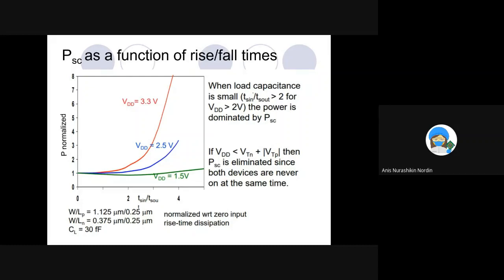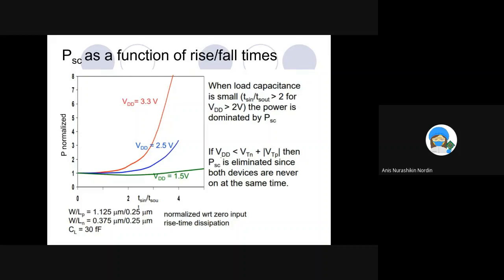Okay, so now we look here, when the load capacitance is small, the power is dominated by short circuit power. Okay, so the load capacitance is small when you have already done the matching, and this power is dominated by the short circuit power.